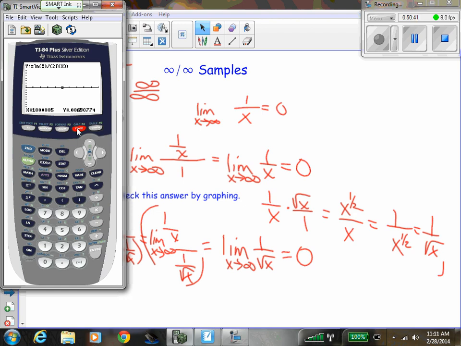So if it doesn't convince you that the answer should be 0 here, you could put in 10 to the ninth, and you'll see that you get more zeros. Put in 10 to the 12th, and you'll get more zeros. Now, you have to be a little bit careful when you do that, because after a while, your calculator can only handle numbers that are so big.